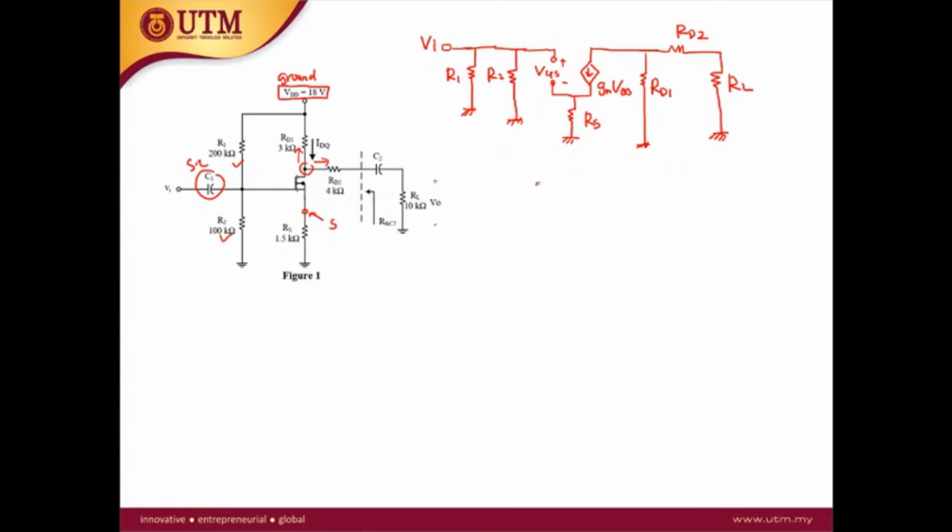Okay, so the IDQ is given as well as K, so you can calculate the gm. So gm is the transconductance, 2 times the square root of K times ID.